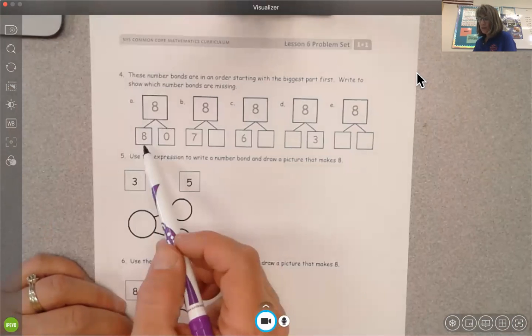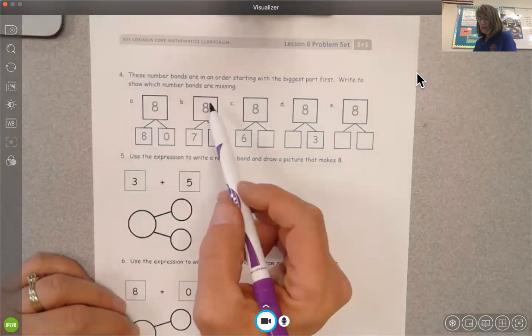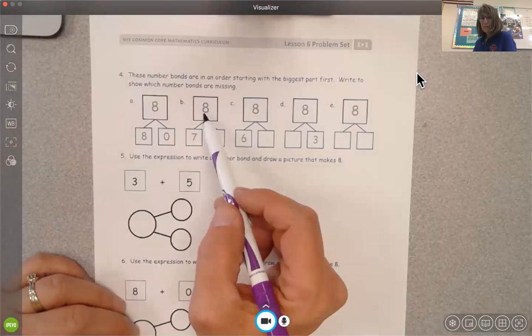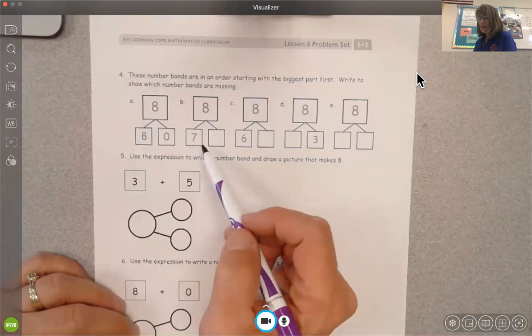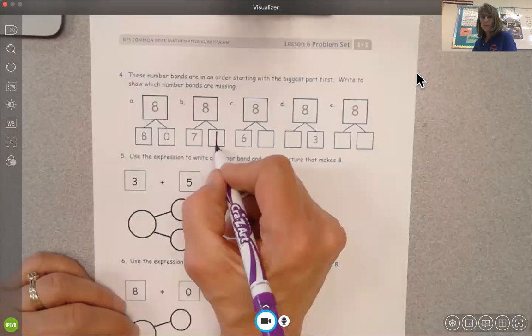And then this one, the whole number is 8. One of the parts is 7. We know that 1 more than 7 equals 8, because we practiced that, right? So 1 more than 7 is 7 plus 1 equals 8.